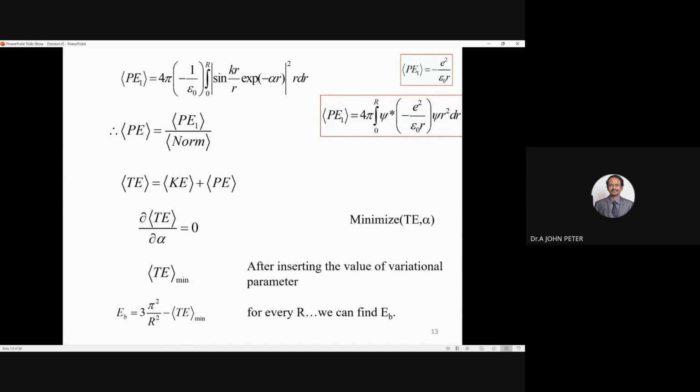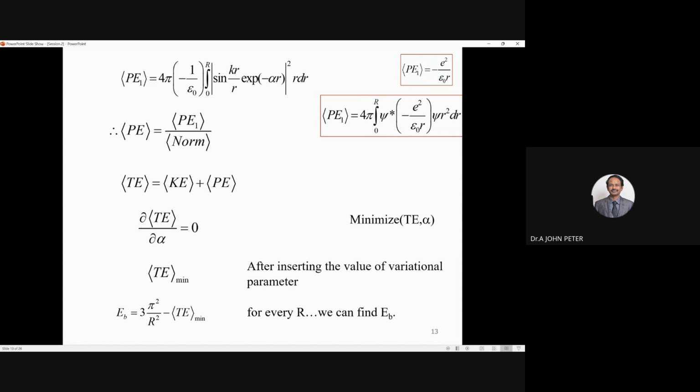Now I substitute, so potential energy 1 equals 4 pi, and I have pulled out minus 1 by epsilon naught, the dielectric constant for the material that we choose. This r will get cancelled by the norm, because you have to divide everything by the norm.